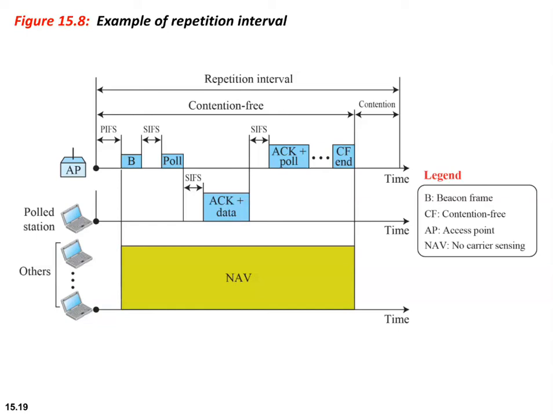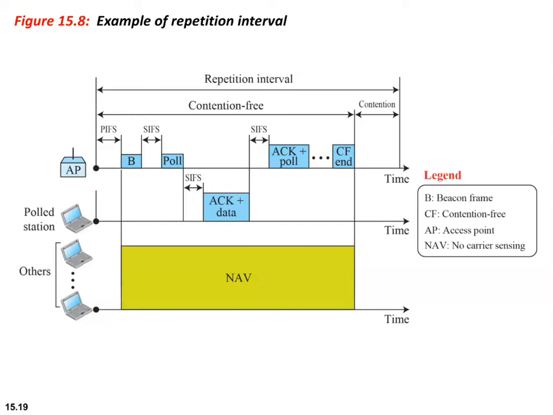During this contention-free phase, you can see that the AP, the access point, performs polling. This access point first waits for PIFS, the point coordination function interframe space, and then sends a special control frame, which is said to be the beacon frame.